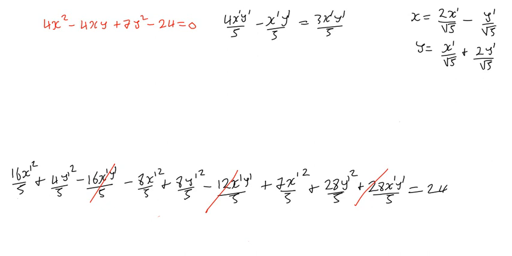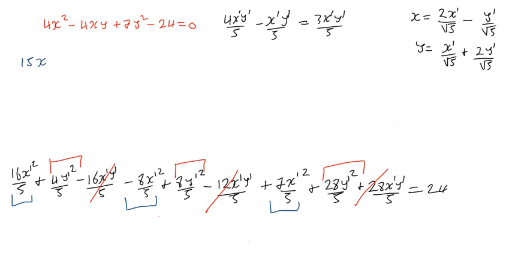And if you observe here, I can add up the x squared terms, which is this one here and another one there. Then I can also add the y terms, which is this one, that one, and this one. So I have 16 for the x, minus 8 plus 7. I'm getting 15 for the x squared.